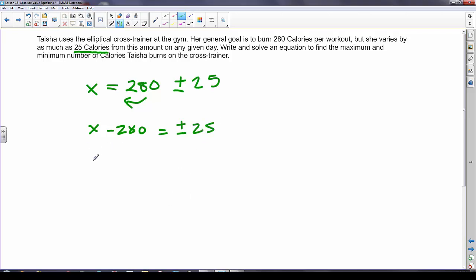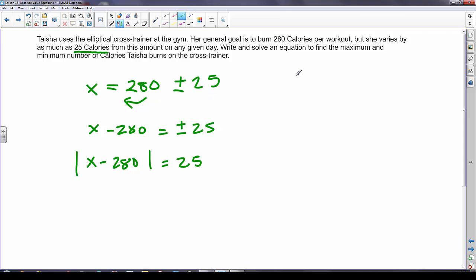And then lastly, where'd that plus and minus come from? It came from taking the absolute value of the left side of the equation. So this would be my absolute value equation I use to solve. Notice my answers will be 25 above or below the 280.